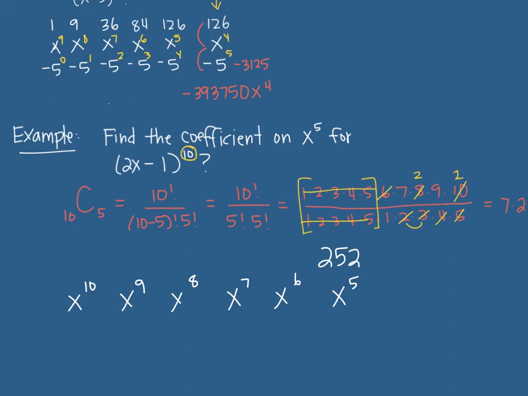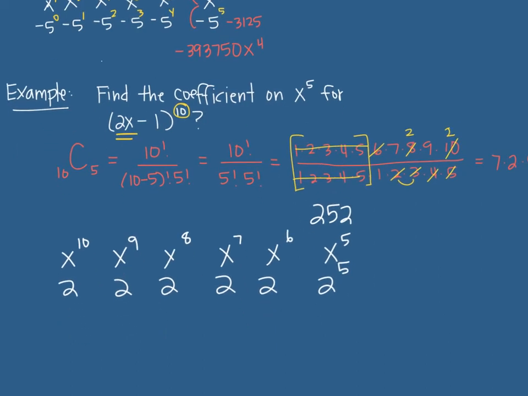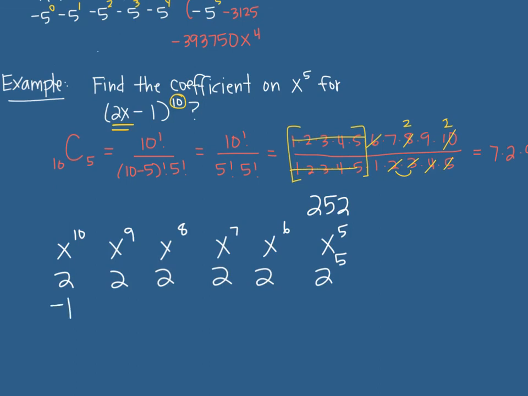Oh, and I forgot the 2s: 2, 2, 2, 2, 2, 2. That would also have a 5 on it because that's coming from 2x. And then negative 1, negative 1, negative 1, negative 1, negative 1, negative 1. Those would go the opposite direction, so it would be 0, 1, 2, 3, 4, 5.